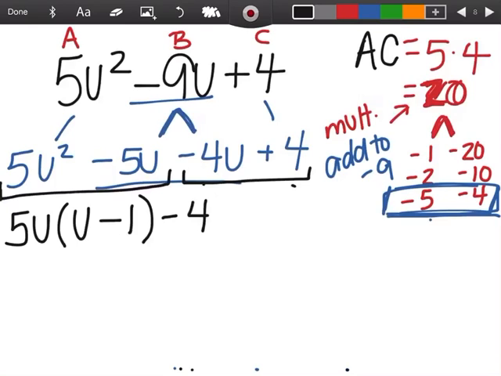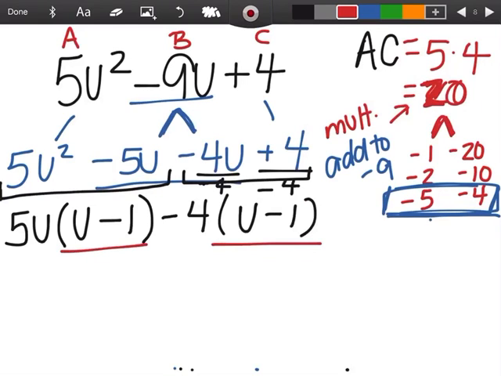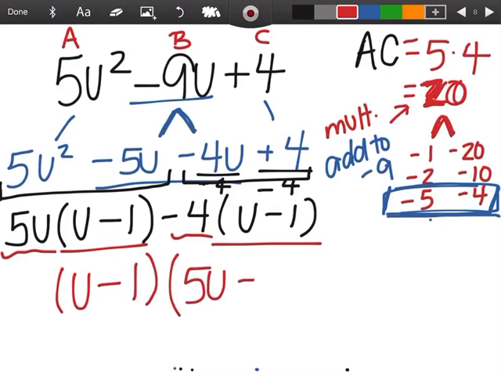So I'm going to factor out a negative 4, and then when I divide out, negative 4u divided by negative 4 is u, and 4 divided by negative 4 is minus 1. So then I take my factoring by grouping, I take the quantities that are the same, and I write them out front, u minus 1, and then in parentheses I write what's left over, which is 5u minus 4.